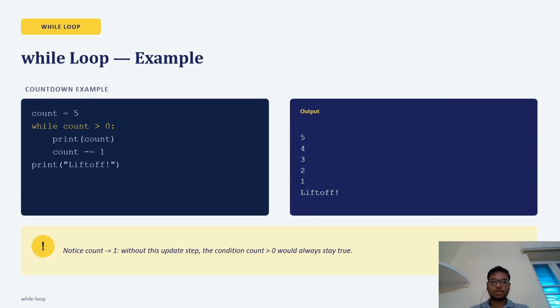Count minus equal to 1, which means count equals count minus 1. Then the code executes. After the while loop ends, print Liftoff, and the output is 5, 4, 3, 2, 1, and then Liftoff. The most important thing, let's do this code practically.